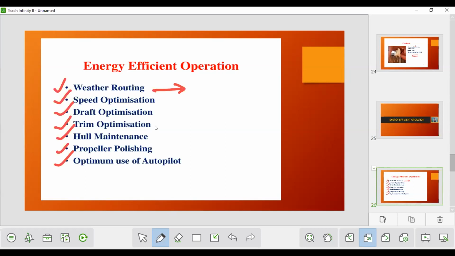Now, what is speed optimization? Speed optimization is a very important one. Let me give an example. Suppose the ship has to reach Singapore port by a certain day and time, and the ship is going from Chennai. There is no point in going at very high speed, like 20 knots, and reaching the port 2 days ahead and waiting at the outer harbor.